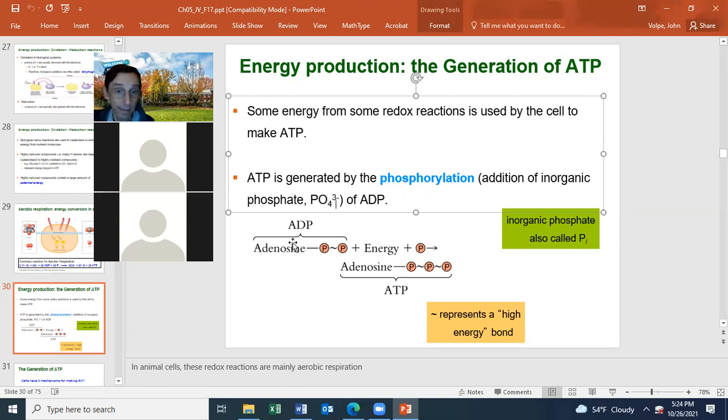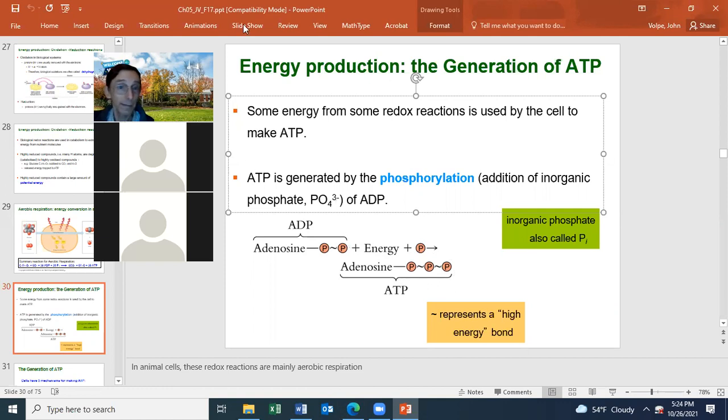So it has adenosine and then 2 phosphate groups attached to it. And then the energy that's released from the burning of glucose and the other inorganic phosphate can come together to make ATP. And ATP stands for adenosine triphosphate because there's 3 phosphates.